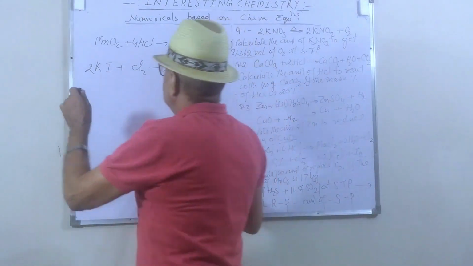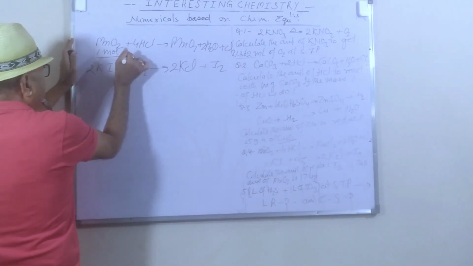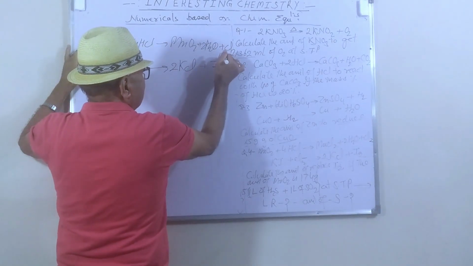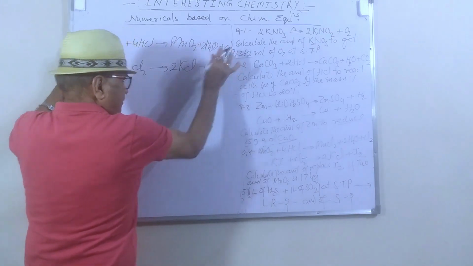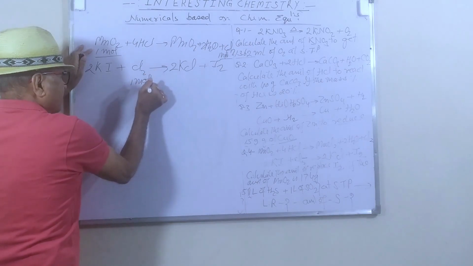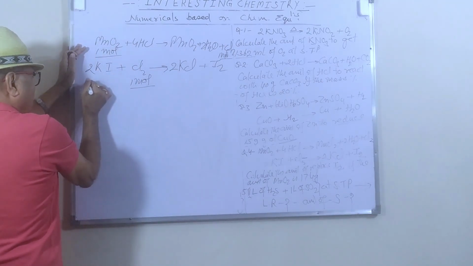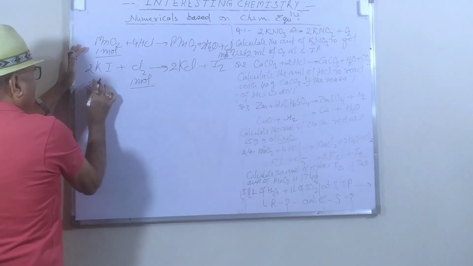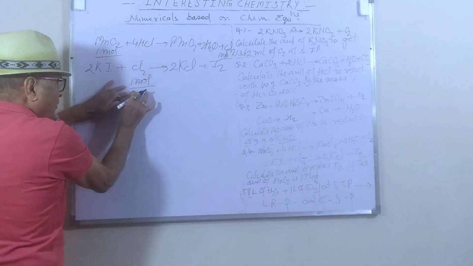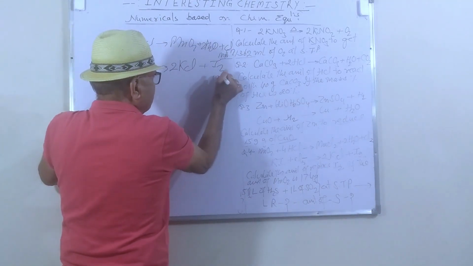So here 1 mole of MnO2 produces 1 mole of Cl2, and this 1 mole of Cl2 replaces 1 mole of iodine.